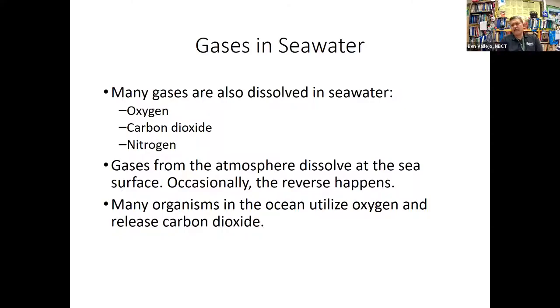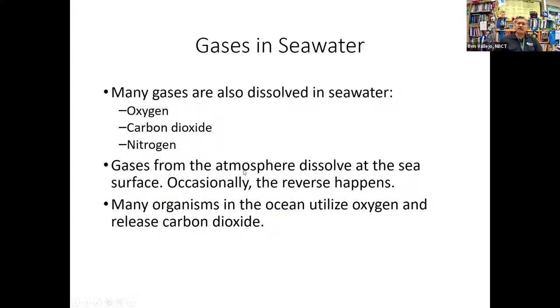Not only are there minerals in the water, but there are also gases. The gases dissolve from the atmosphere into the ocean at the interface, which is in between the ocean and the atmosphere. Here's a list of gases: oxygen, carbon dioxide, nitrogen.